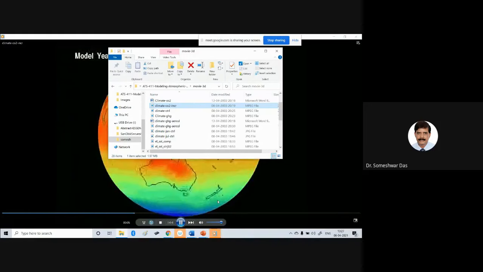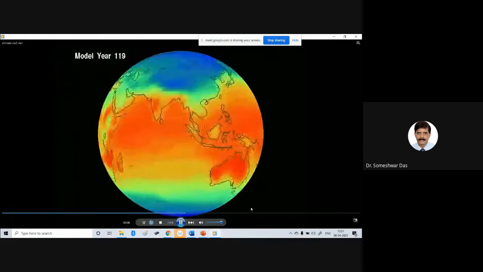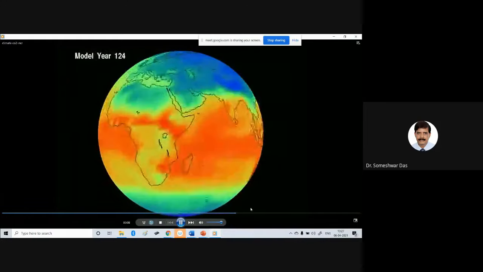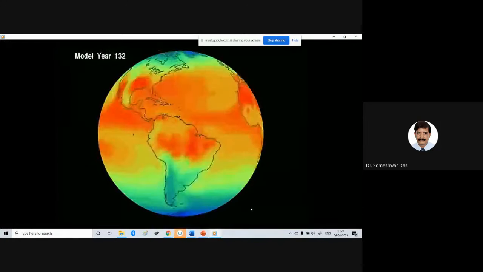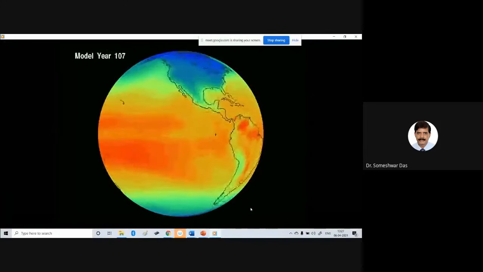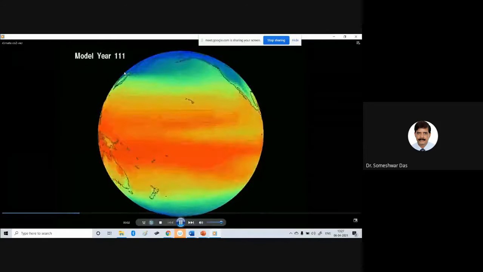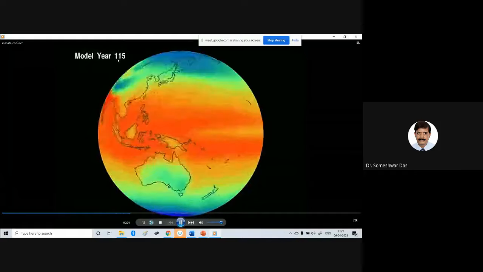So, what do you see now? The changing climate when you have increased the carbon dioxide in the atmosphere. And again, you can see that it changes with time, with the year.